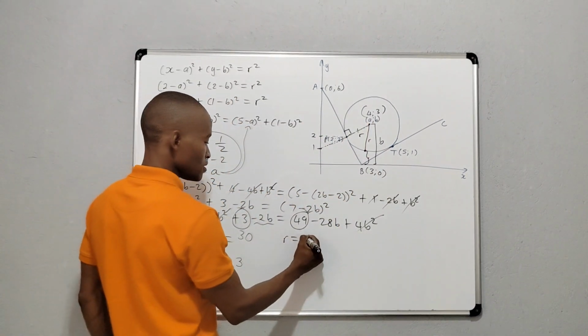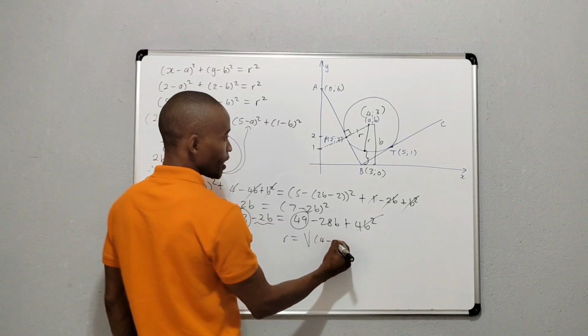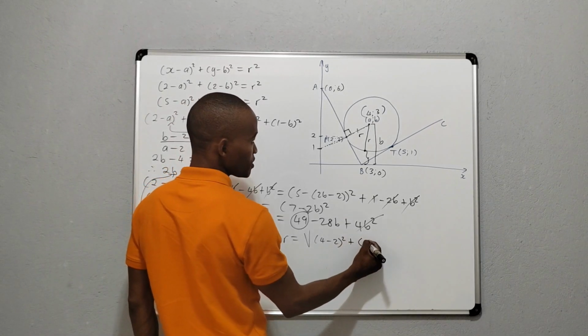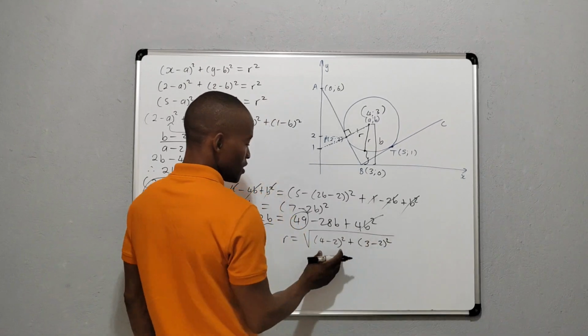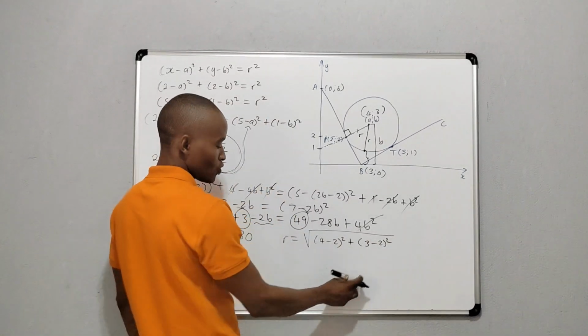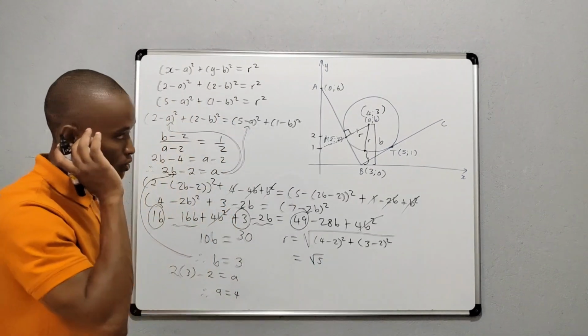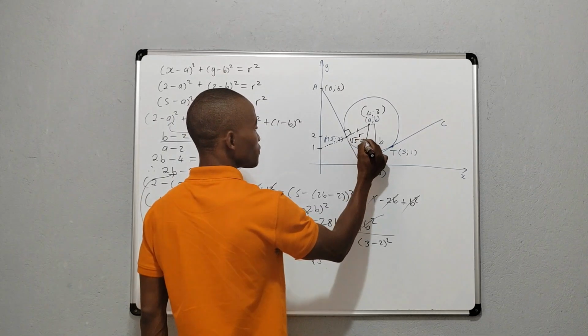Okay, so the radius is equal to the square root of 4 minus 2 whole square plus 3 minus 2 whole square. Okay, 2 square is 4, 1 square is 1, so this gives us square root of 5. Good. So what do we know? We know that the radius here is equal to the square root of 5.